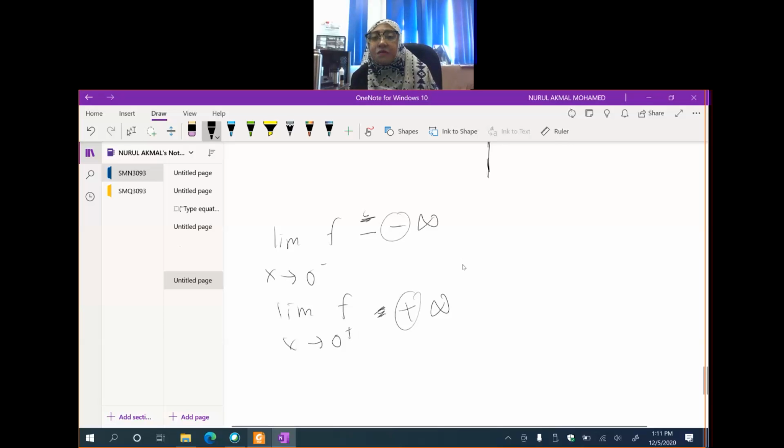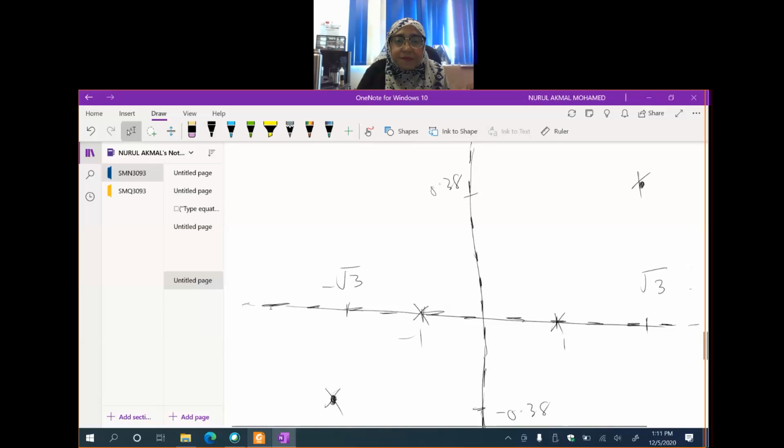From the graph that I observed, it should be plus infinity and negative infinity. Yes, that's right, positive infinity. So this is wrong. And negative. Okay, this one is wrong. These two are wrong, so we have this one.